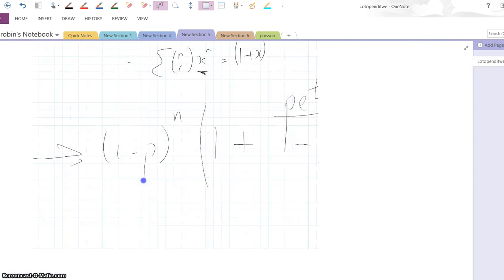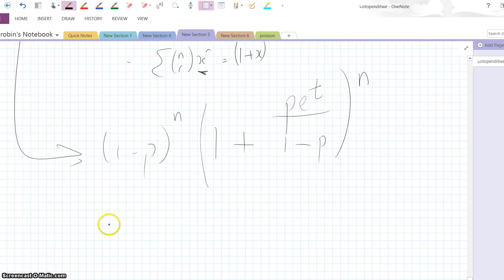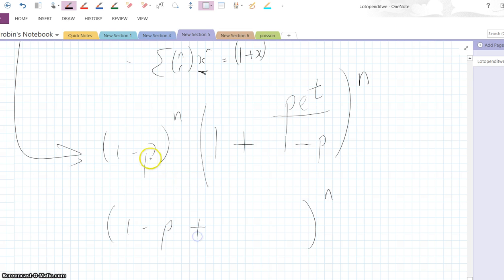That's looking quite nice. It's something to the power n, so we just multiply throughout. So it's 1 minus p plus, and then that 1 minus p on the top cancels the 1 minus p on the bottom, p e to the t, all to the power n. Done. We've seen that before.